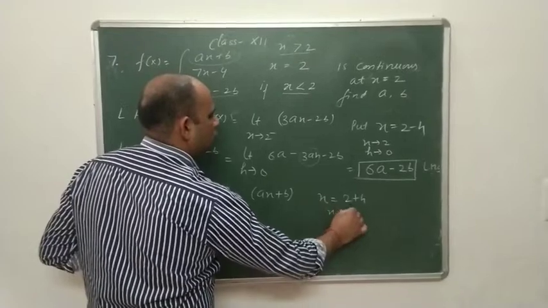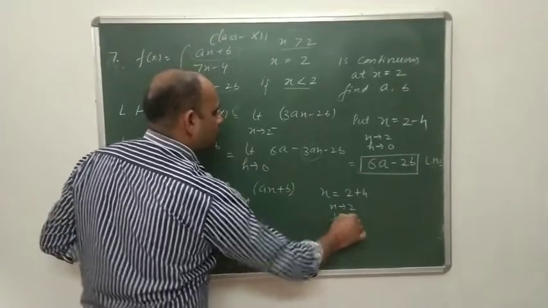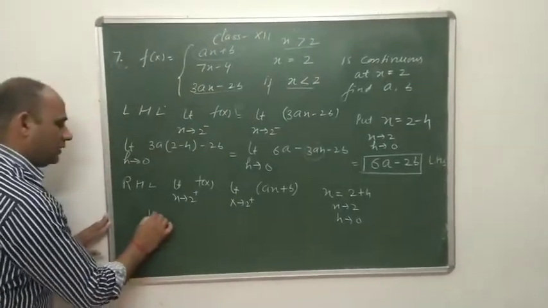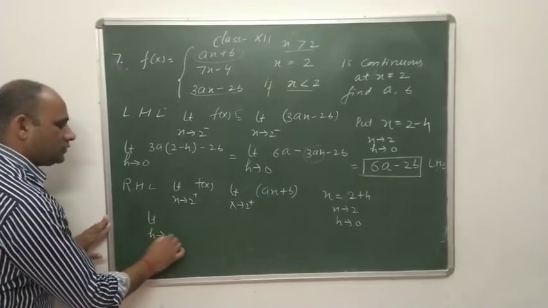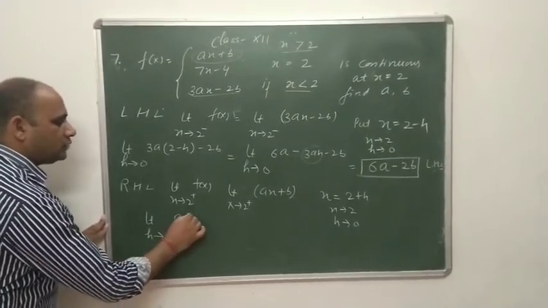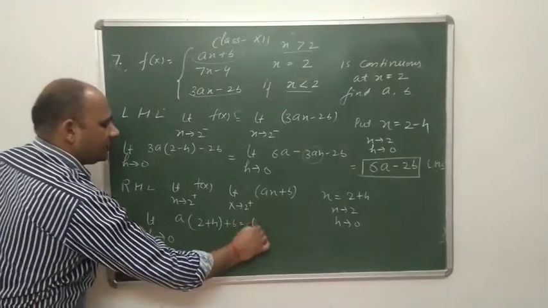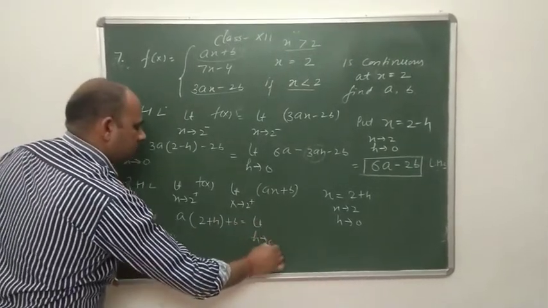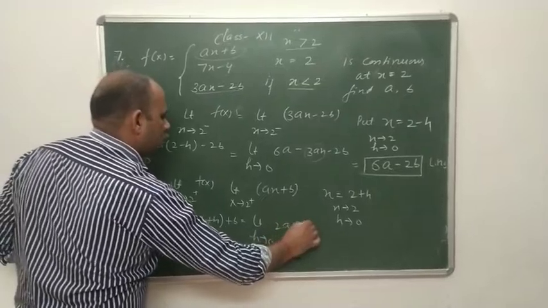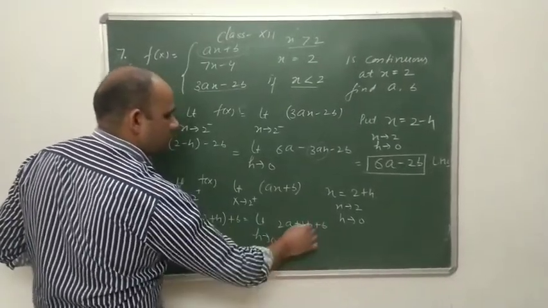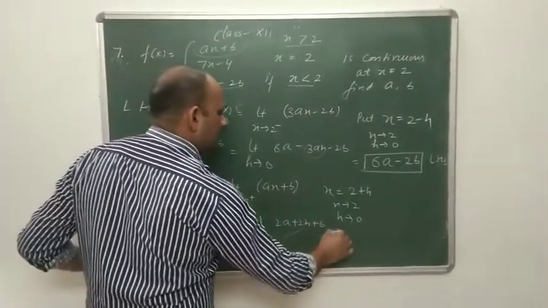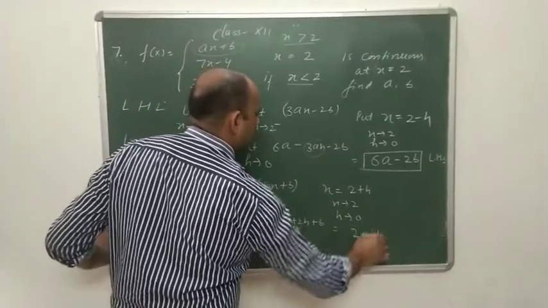If x tends to 2, h tends to 0. We have limit h tends to 0, a into (2 plus h) plus b. That is 2a plus 2h... that is 2a plus ah plus b. If h is 0, then the result is 2a plus b.